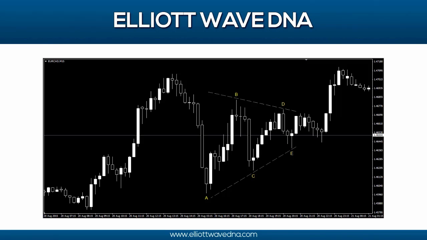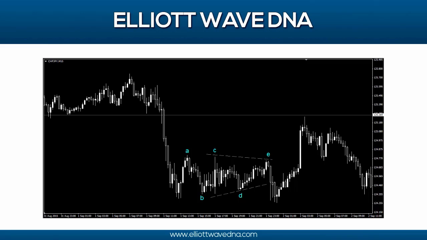But you have 5 waves in total. So let's see. Wave B is smaller than wave A, wave C is smaller than wave B, wave D is smaller than wave C, and wave E is smaller than wave D. Breakout moved us higher. So after a breakout, you can consider a triangle pattern complete.